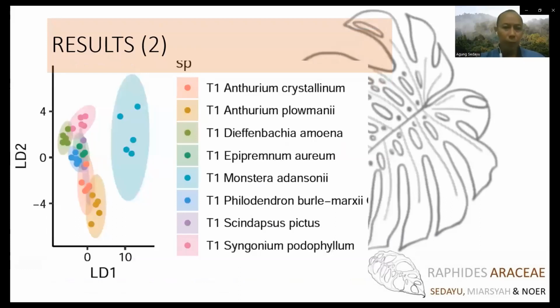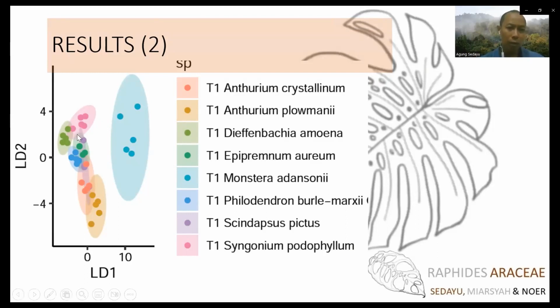When we map the T1 in the discriminant analysis, we found that the largest variation occurs in Monstera adansonii, very popular by the name of Janda Bolong in Jakarta, and the least variation of the raphids occurs in Dieffenbachia amuna, the green one.